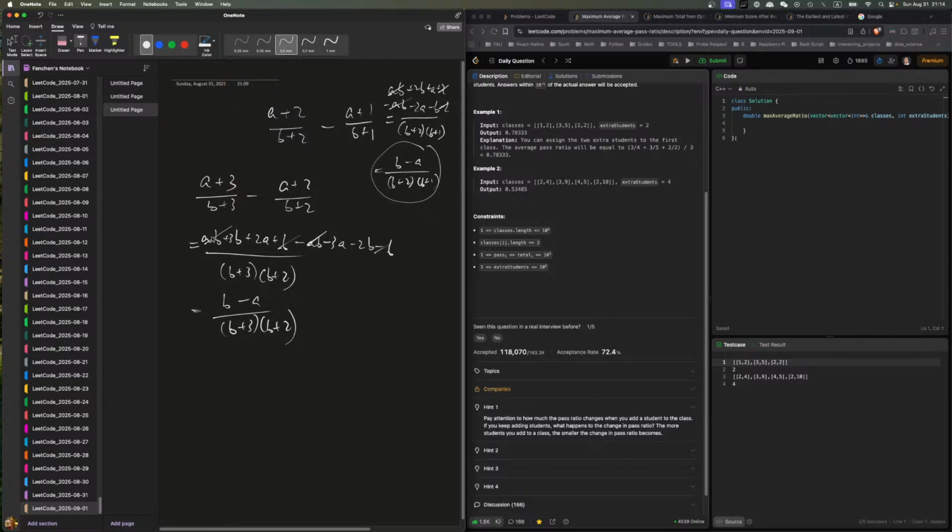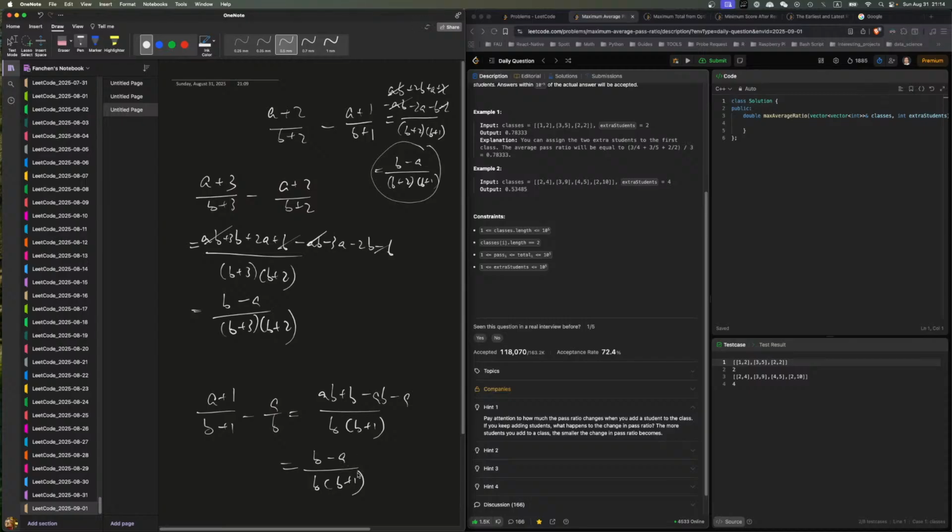Actually, no. Hold on. It's actually this minus AB. It's actually going to be a little bit easier, right? It's going to be B minus A, B plus 1. That's what's going to happen. Which means the increase will be the biggest if B is small and the difference between B and A is big, right?